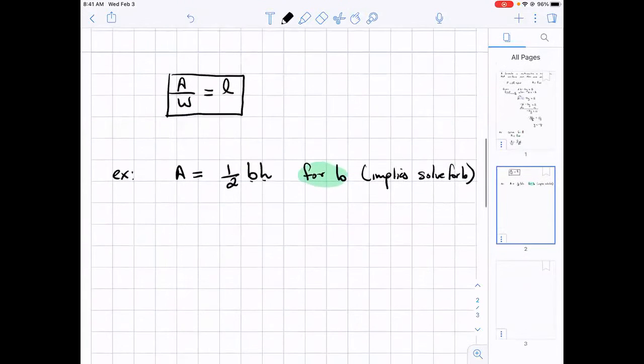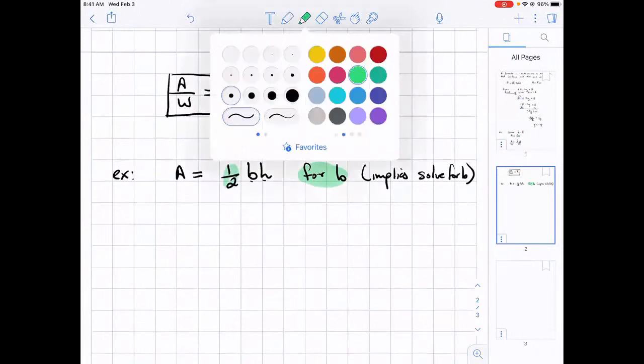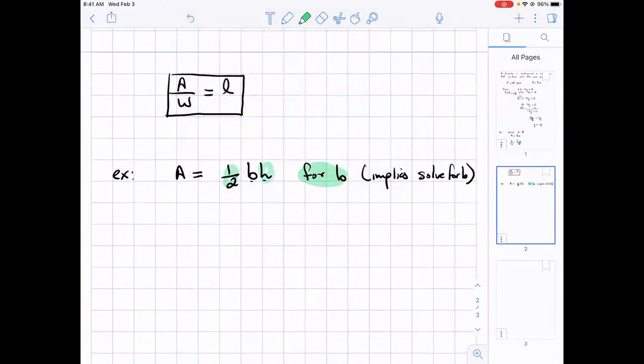So basically we have to get rid of the 1/2 and we have to get rid of the H, okay, to leave B by itself.